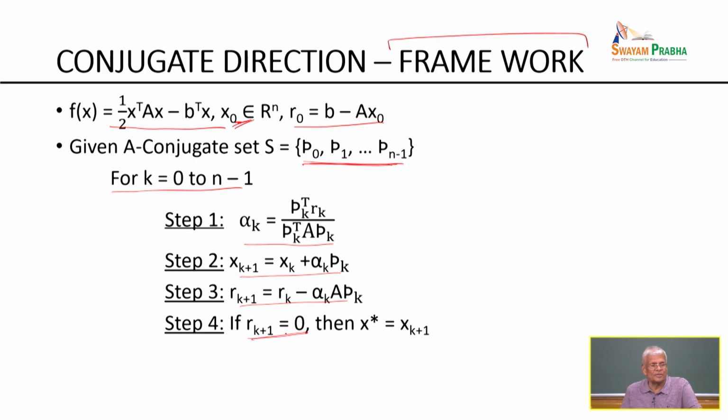You are done in one iteration, but it may not happen. If it is not 0, then continue, compute alpha 2, you continue this way and you do no more than n minus 1 iterations. So, this framework essentially provides the mathematical wherewithal for us to feel that finite time convergence is indeed achievable.